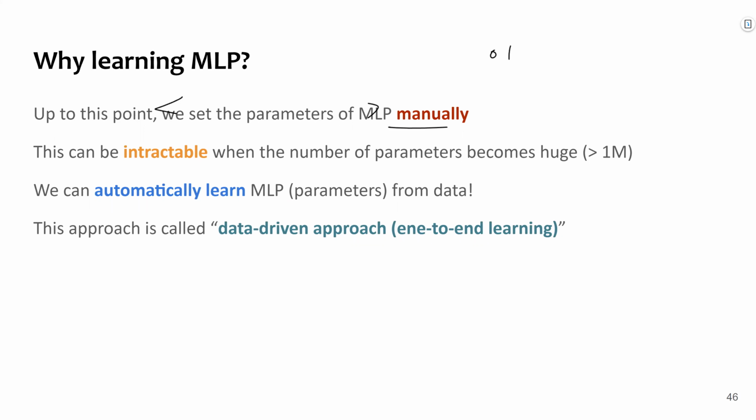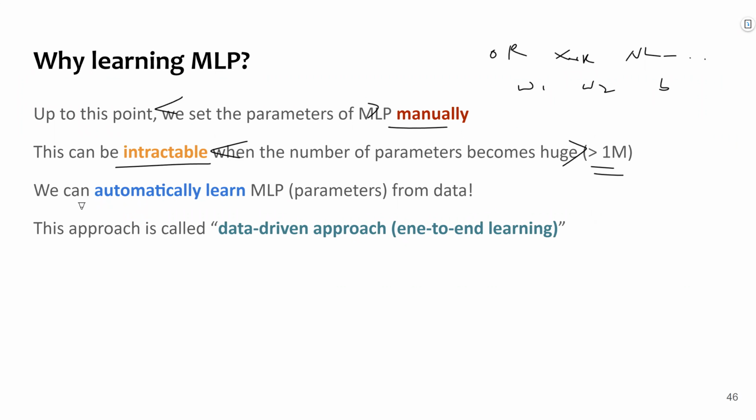What I mean by this is when we try to implement OR function or XOR, NAND, and other gates, we set the W1 and W2 and bias values by ourselves. However, this approach becomes intractable when the number of parameters becomes huge. And as you know, deep learning models involve 1 million or 10 billion parameters, and you cannot set all these parameters manually.